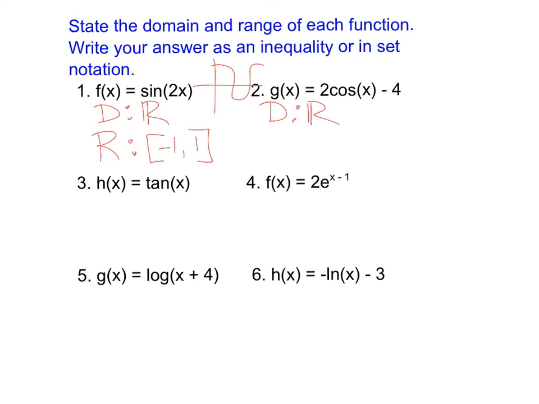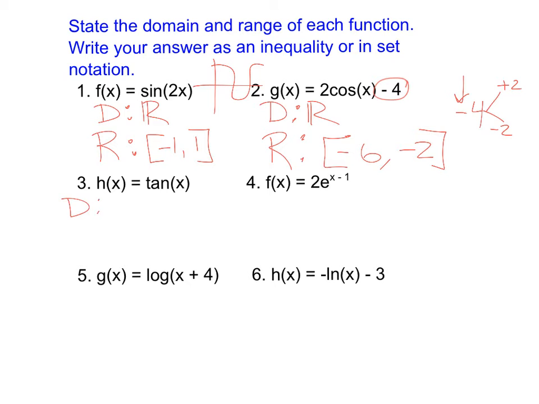This one has a shift, so the cosine is shifted down 4, but then it's going to go up 2 and down 2 in both directions. So it's from -6 to -2.